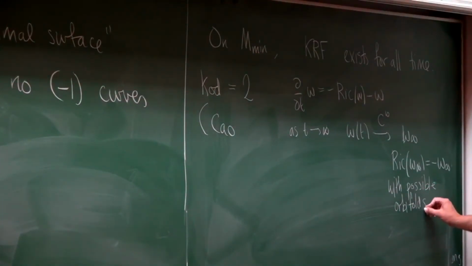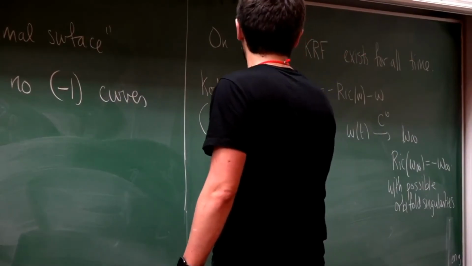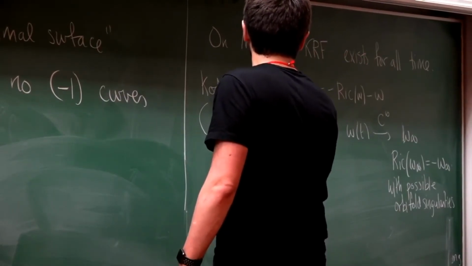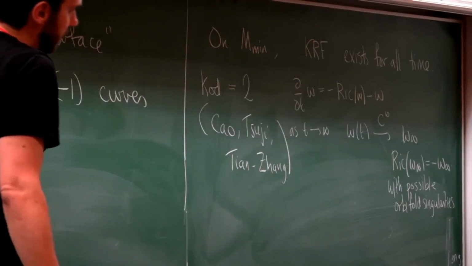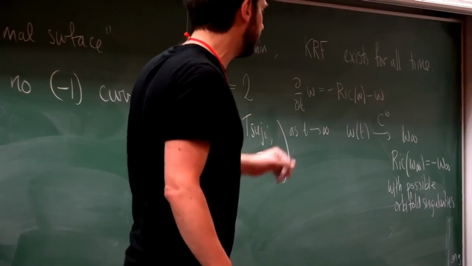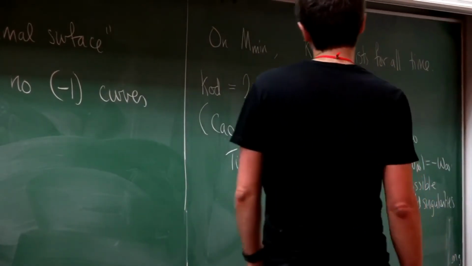That case was dealt with by Tsuji and Tian-Zhang. But more or less you get a Kähler-Einstein metric, a metric where the Ricci curvature is equal to a multiple of the metric.